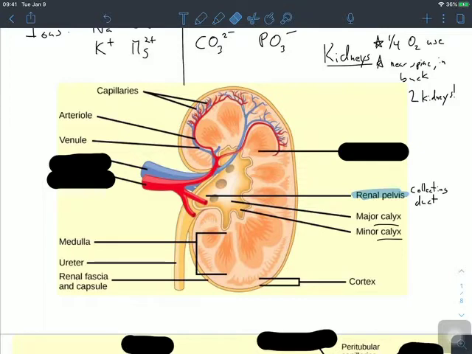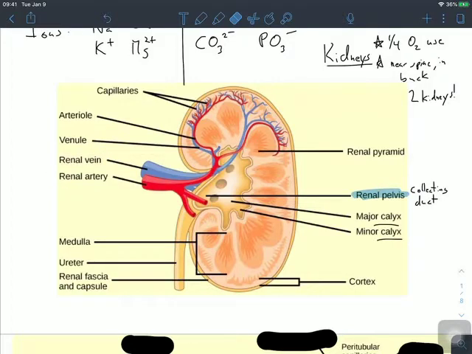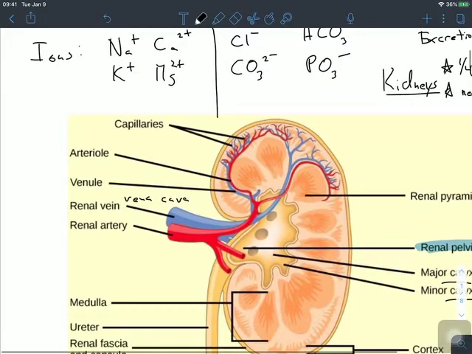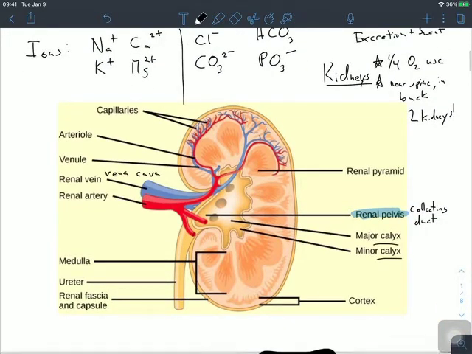The functional units of the kidney are renal pyramids. Individual renal pyramids are stacks of nephrons, one on top of the other. More on those in a sec. And then we have our two blood-carrying vessels, the renal vein and the renal artery. The renal vein will lead directly to the inferior vena cava. Those of you familiar with anatomy may know that the vena cava is your large vein cavity.